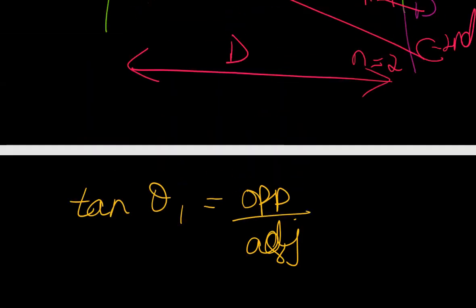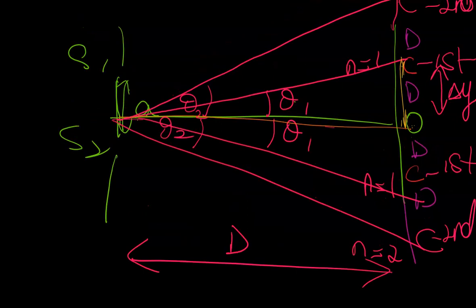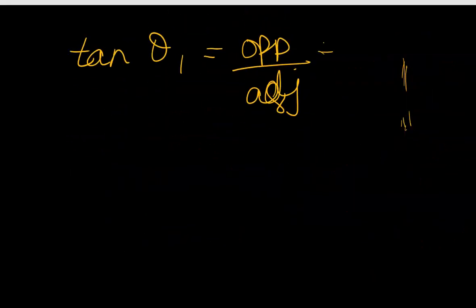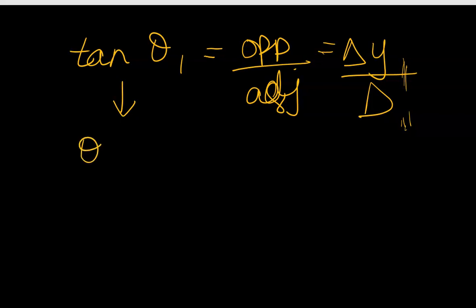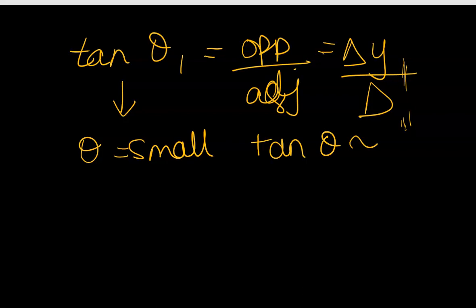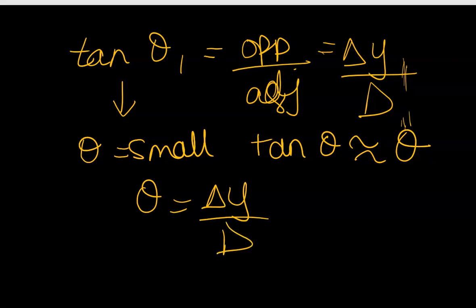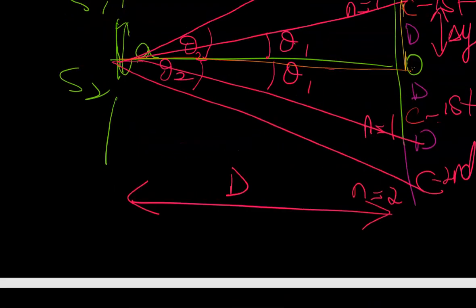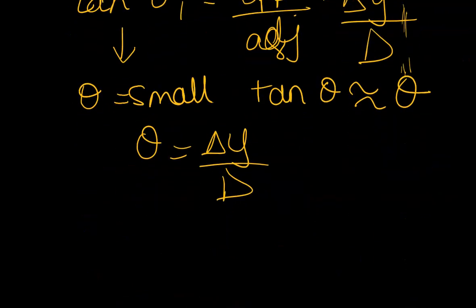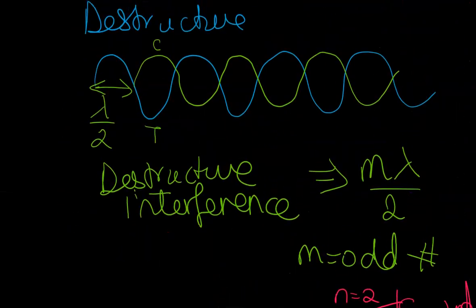So where is your opposite? Your opposite would be the fringe separation delta y, and your adjacent is d. So it's delta y over d. So therefore, the assumption is theta is very small. So tan of theta is approximately theta, which will give me theta being delta y over d. So that's one equation. Now, I'm going back to my first diagram here.